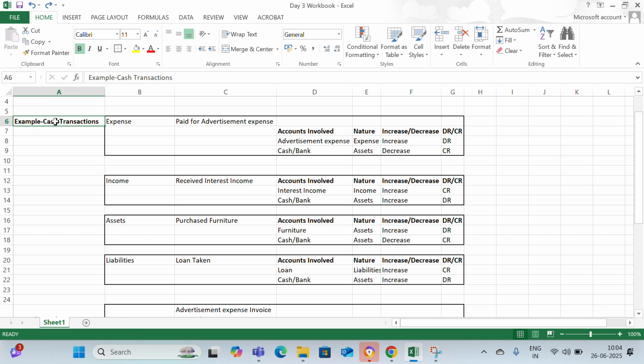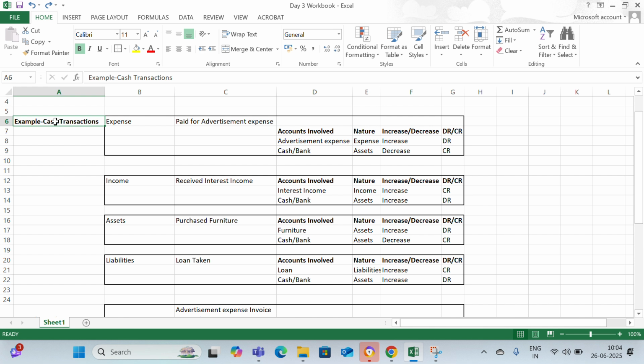When we consider an example, we must understand what accounts are involved in a particular transaction and whether that transaction can be measured in terms of money or not, because in accounting only the financial transactions are recorded.